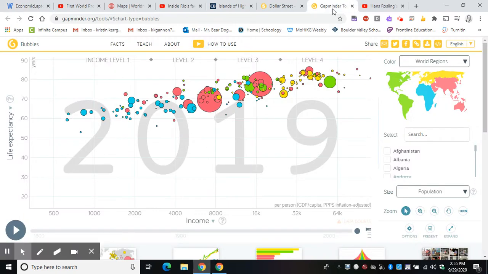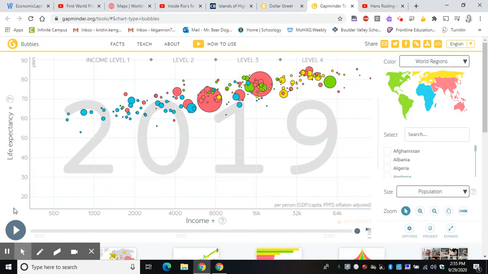And gapminder.org has the same type of bubbles. The bubbles, if you look, correspond to the different regions of the world. So green are the Americas, blue is the African continent, yellow is Europe, and then the red is Asia.